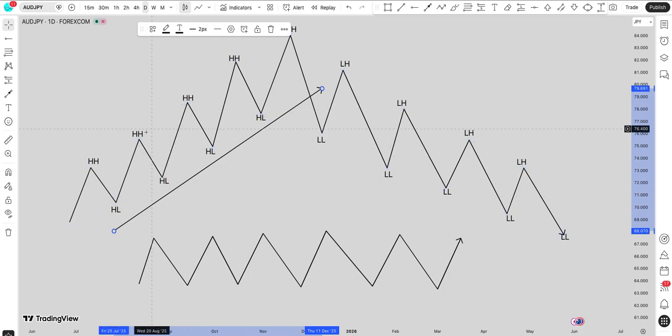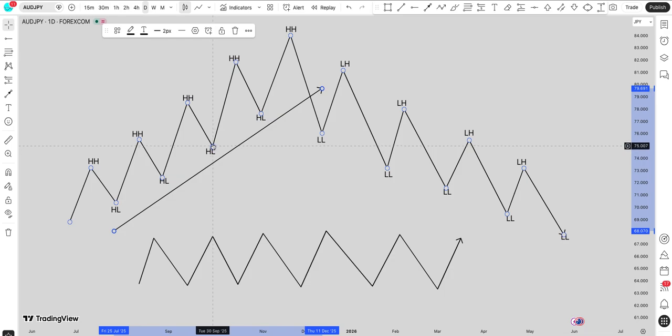This new high is higher than the previous high. This high is higher than the previous high, and so on. Then we have our higher low, which means this low is higher than this low. This low is higher than this low. This low is higher than this low. So combining both together, we have our higher high, higher low, higher high, higher low, higher high, higher low, higher high, higher low, and so on.